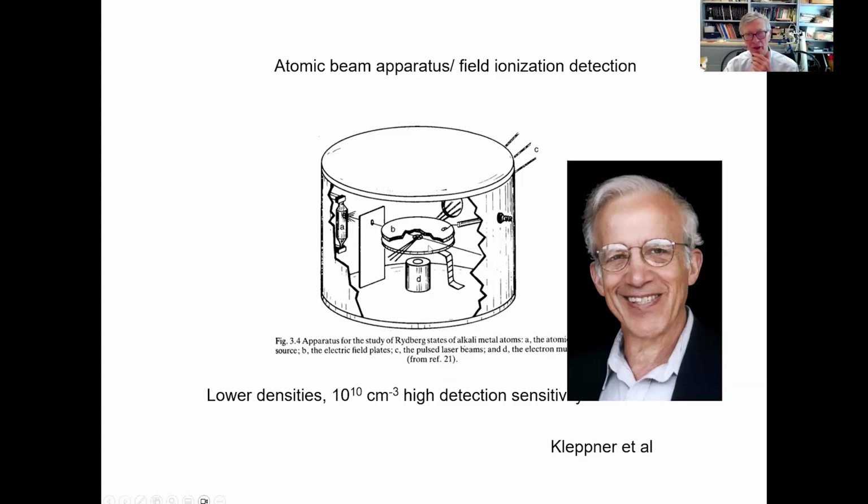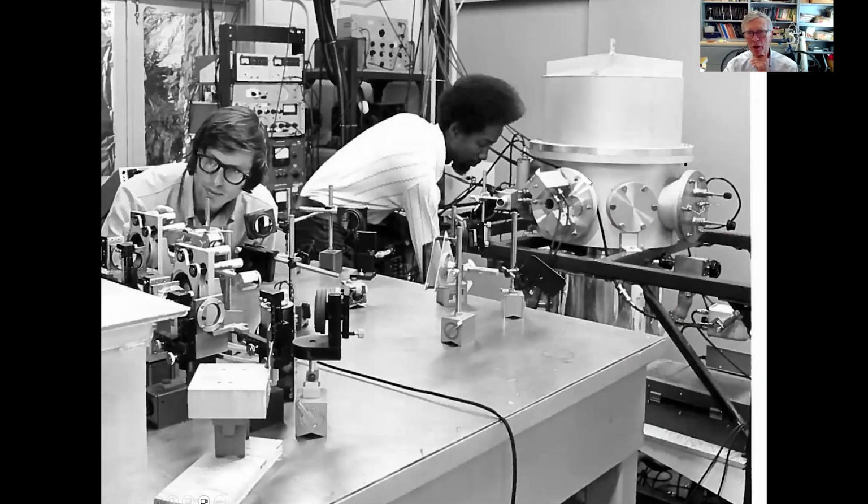And then they apply a voltage pulse to this upper plate that drives ions through a grid in the lower plate to a detector in the bottom. And then finally, this can over here, which is 18 inches in diameter, is a picture of a real apparatus.